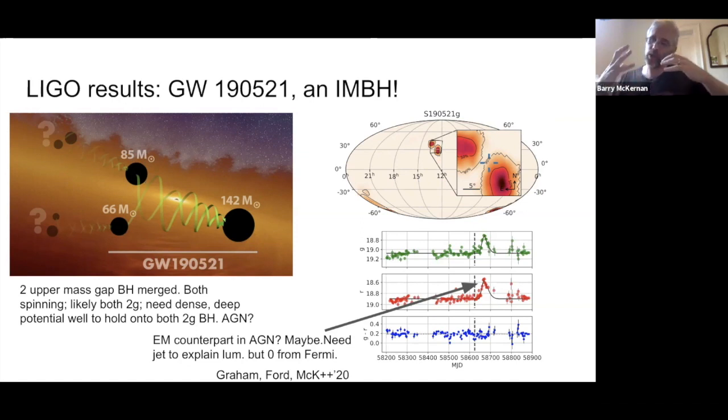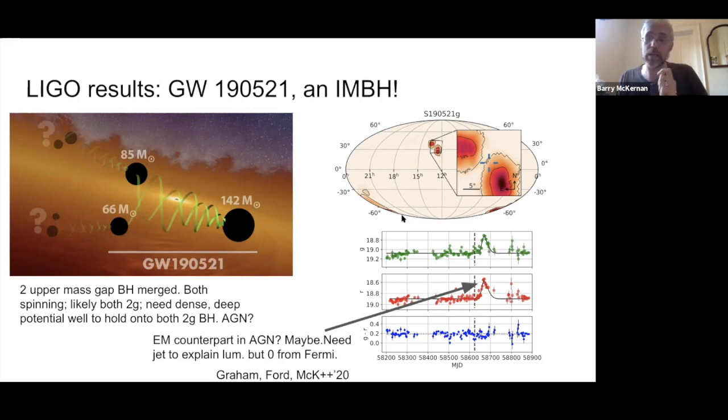And so in order to hold on to these two things, in order to merge them again to make your 150 solar mass object, you'd need a deep potential well. So something like a galactic nucleus is reasonable, and AGN is pretty plausible. There's some evidence for high spin for these objects, again suggesting that maybe these are hierarchical mergers. So this could easily be an AGN event.